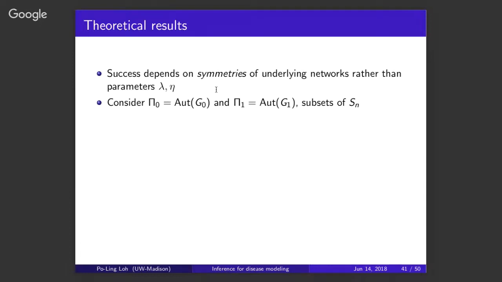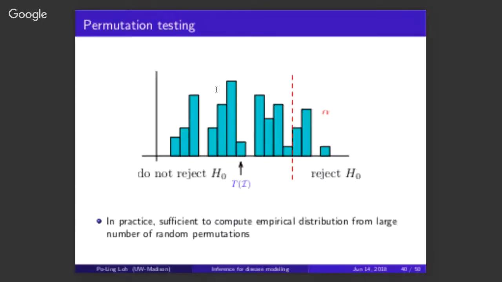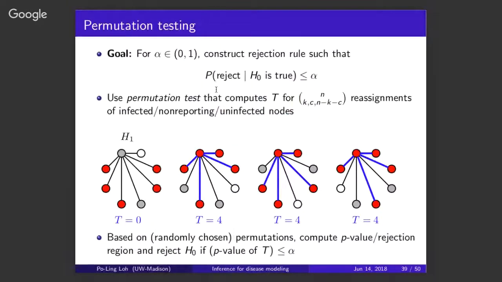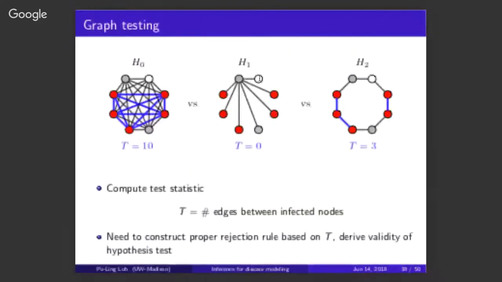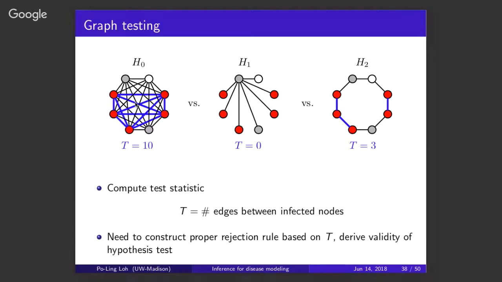And maybe it wouldn't be too surprising if I told you that this will always work if the null hypothesis is an empty graph or a complete graph. Because if the null hypothesis is that everyone communicates with everybody else, then under the null hypothesis, it really doesn't matter how I permute. Similarly, if the null hypothesis were an empty graph, then everyone is completely exchangeable with everybody else as well.